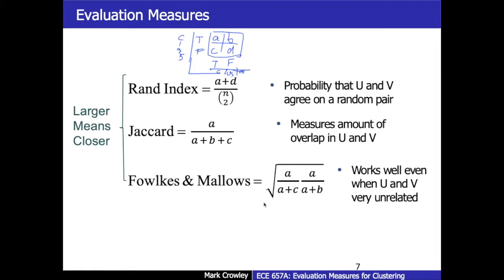And then this Fowlkes-Mallows one is a bit more complicated. If you're really wrong, if the clustering and the class are really far apart, then this can still give you a useful measure, because you can imagine some of these ones, if you're talking about the probability that you're getting any of them right, but if they're totally different and you almost have no agreements on which pairs are together, your rand index here is just going to be really low, and you can't really tell if one's better than another.